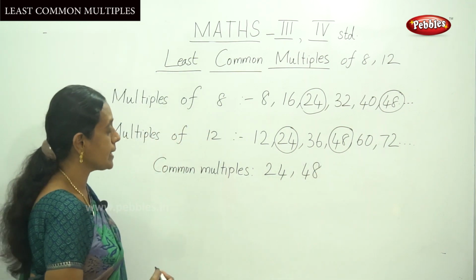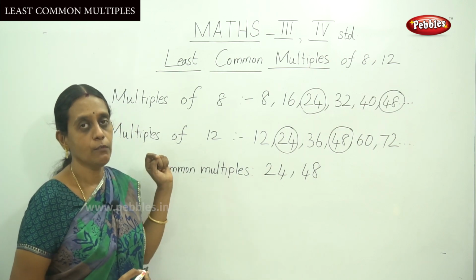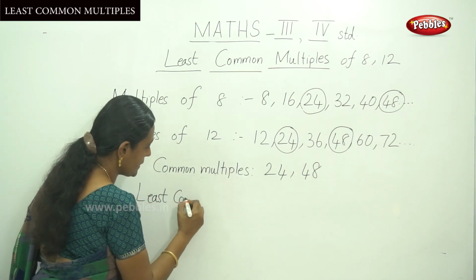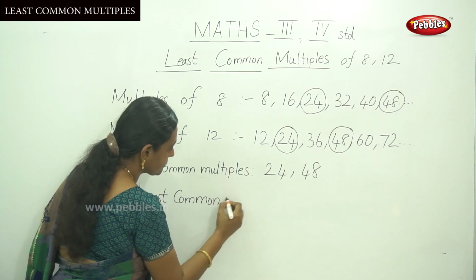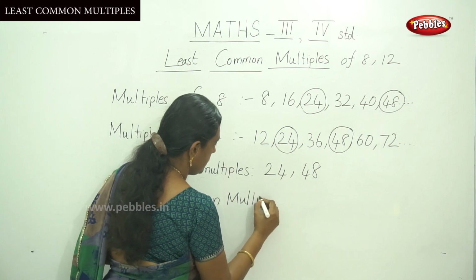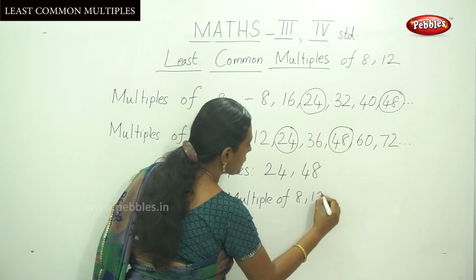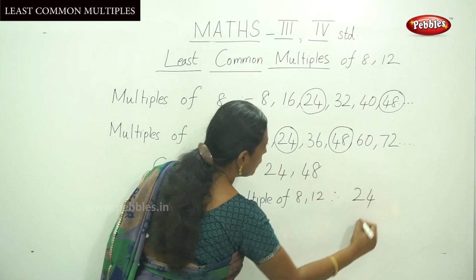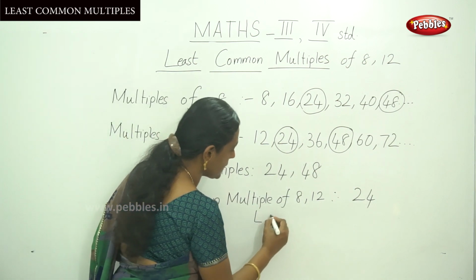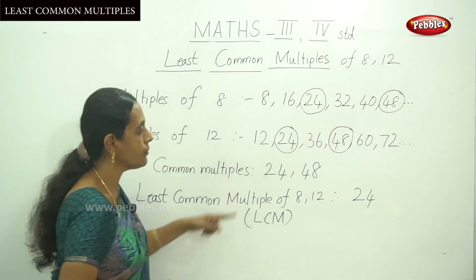Among these, the least common multiple means which one is the smallest number? That is 24. So that's the answer of LCM, the least common multiple of 8 and 12.